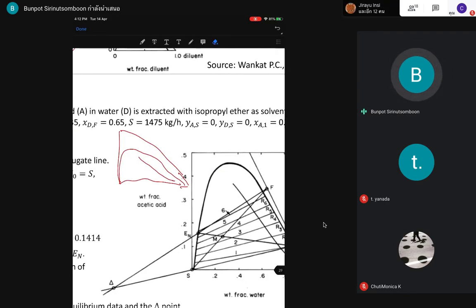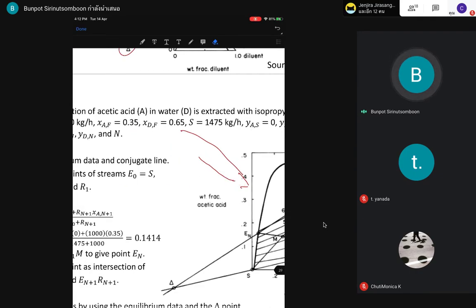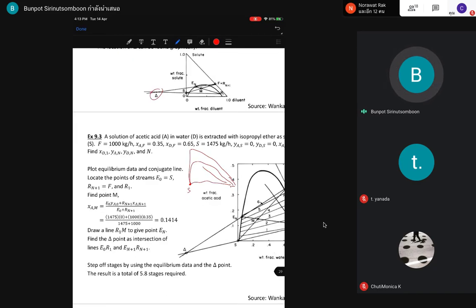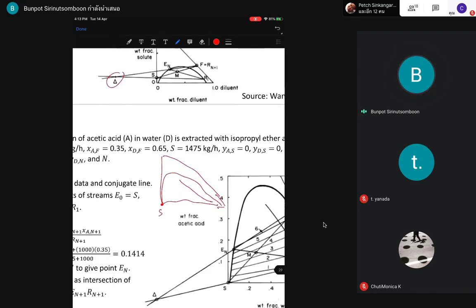The problem is gonna tell you the information about this point here, because the solvent is pure. The solvent is pure, so no water, no acid, only isopropyl ether.